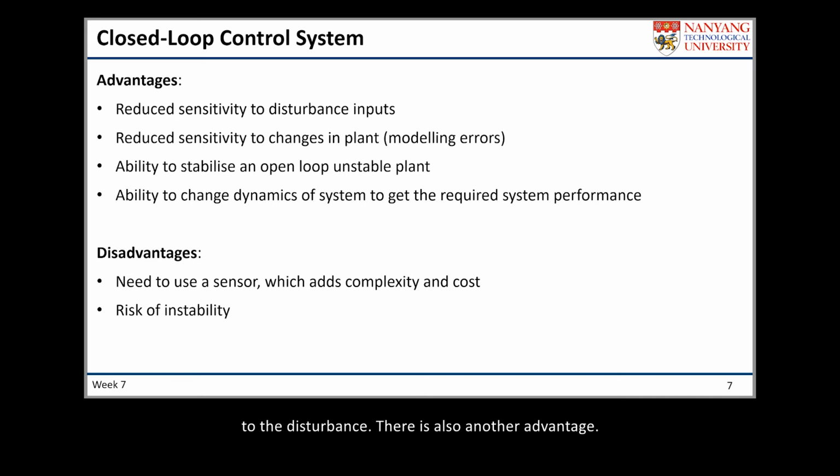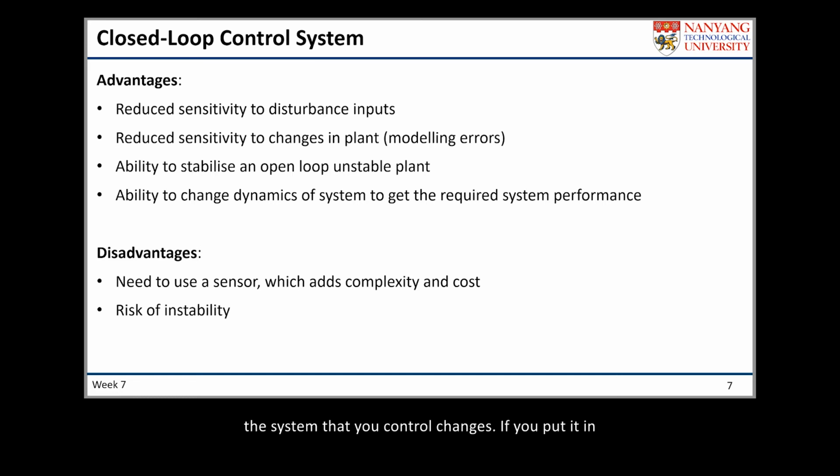There is also another advantage. A closed loop system also reduces sensitivity to change in the plant. You can take the same example again. If dust is piling in your heat pump, basically your plant, then your heat pump performance, your heat pump dynamic behavior, changes. So the system that you control, the plant, changes.